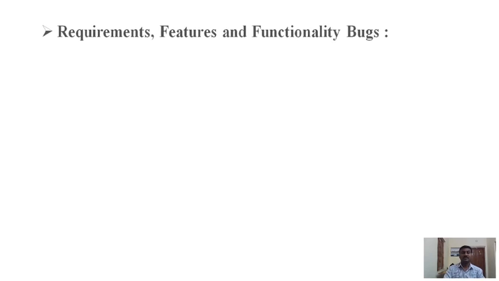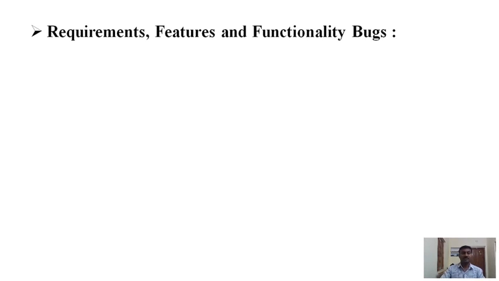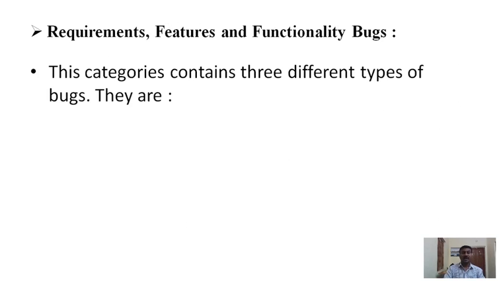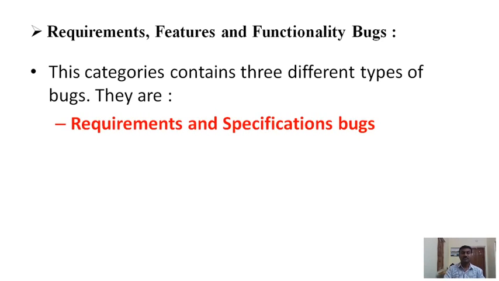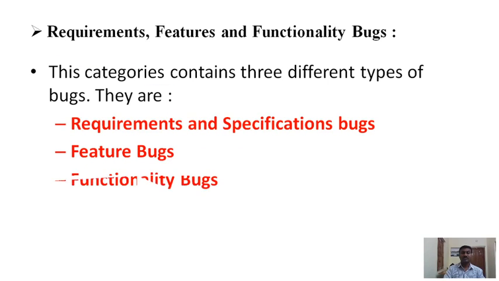In that series, the first concept is requirements, features and functionality bugs. This category contains three different types of bugs: first, requirements and specification bugs; second, feature bugs; and third, functionality bugs. First, requirements and specification bugs.